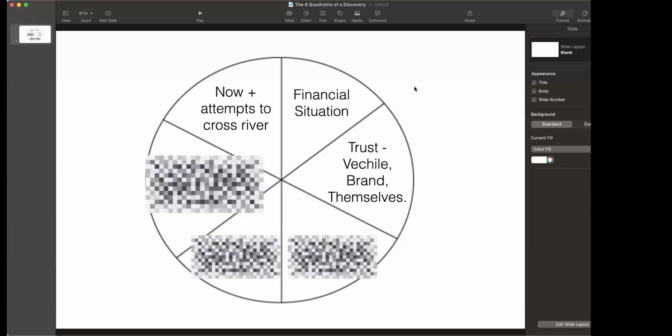So I think the context of your offer, your price point, the level of trust, that matters. For you, the people who come into our program and the partnership, the level of trust that they have is typically a lot higher. They've gotten to know our brand.